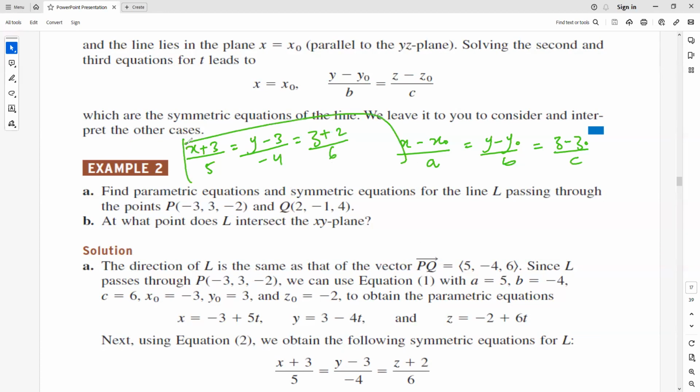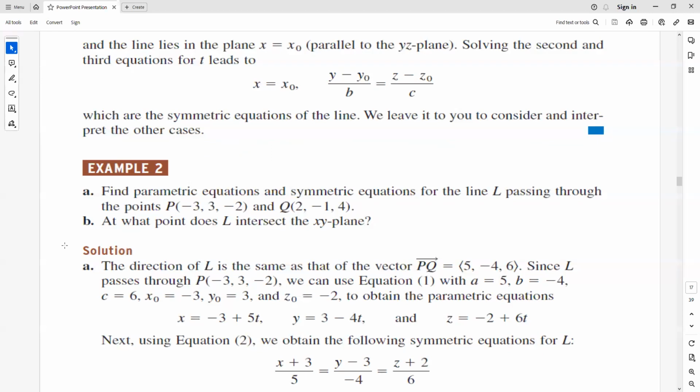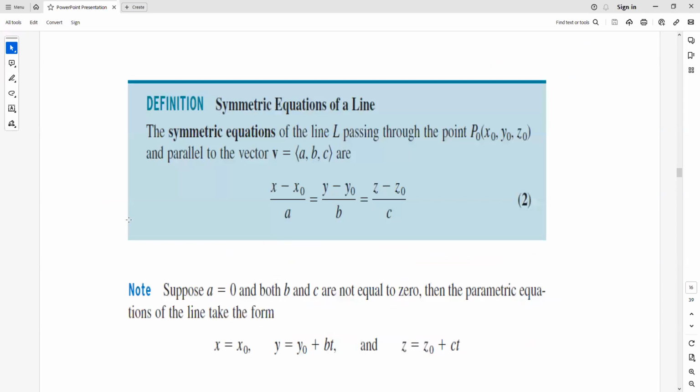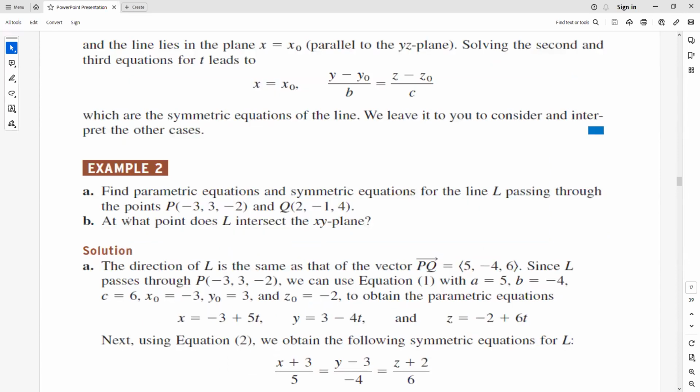So this is the symmetric equation for the given line. Okay, so this is how we can simply find the equations for a straight line in the x, y, and z Cartesian system.